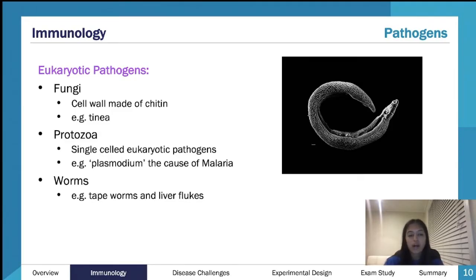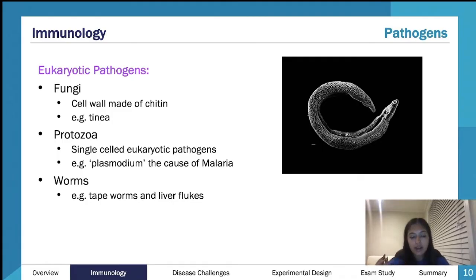And then your protozoa. These are your eukaryotic pathogens, but they're single-celled. I feel like often we tend to think eukaryotes are multicellular and prokaryotes are single-cellular. Remember that that's not always the case, such as these protozoa that are eukaryotes, but they're a little bit simpler. They're still unicellular. These can be quite parasitic. Plasmodium is the cause of malaria. Often we think mosquitoes are the cause of malaria.